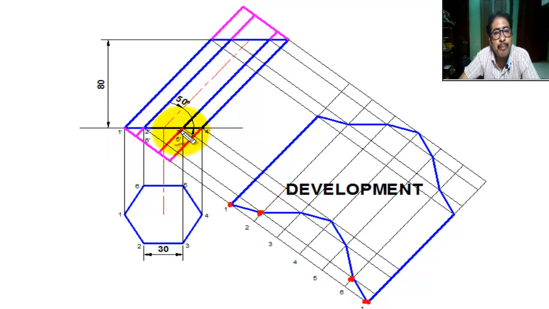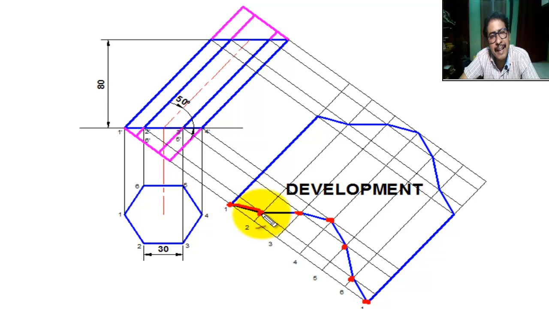Next, this is 3 and 5 point. From this point we draw a line parallel to this or perpendicular to this line. It cuts at this point, 3 point and 5 point. From 4 dash point draw parallel line. It cuts 4 number line.